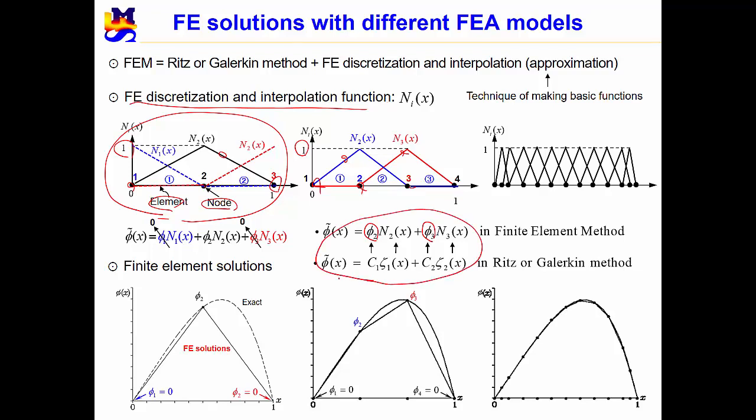But the major theories for approximation are the same. In this FEM model, we can generate three interpolation functions, but the right and left ones disappeared to meet the boundary conditions.